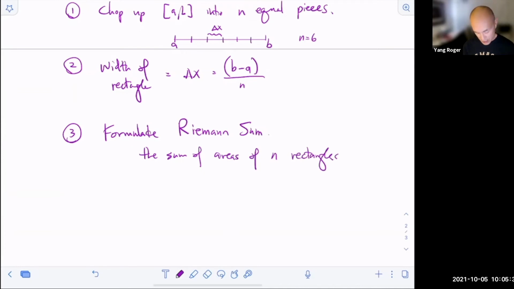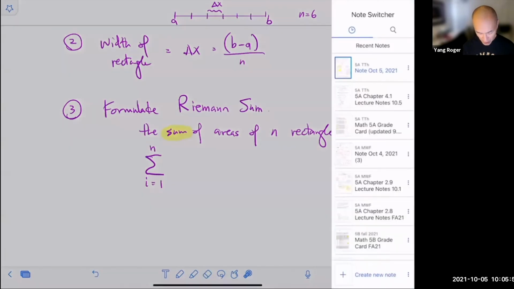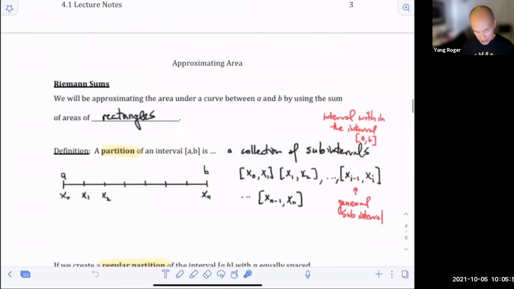So this notation means the sum as i goes from 1 to n. In order to really be able to formulate this Riemann sum, we first need to master this notation. So let's take a look at our worksheet. The first part of the video was really trying to help you master this notation.